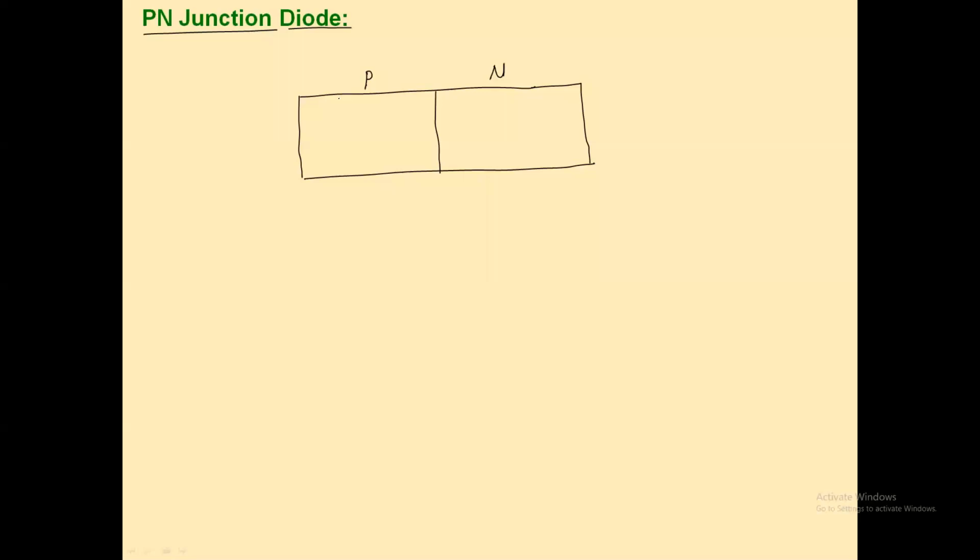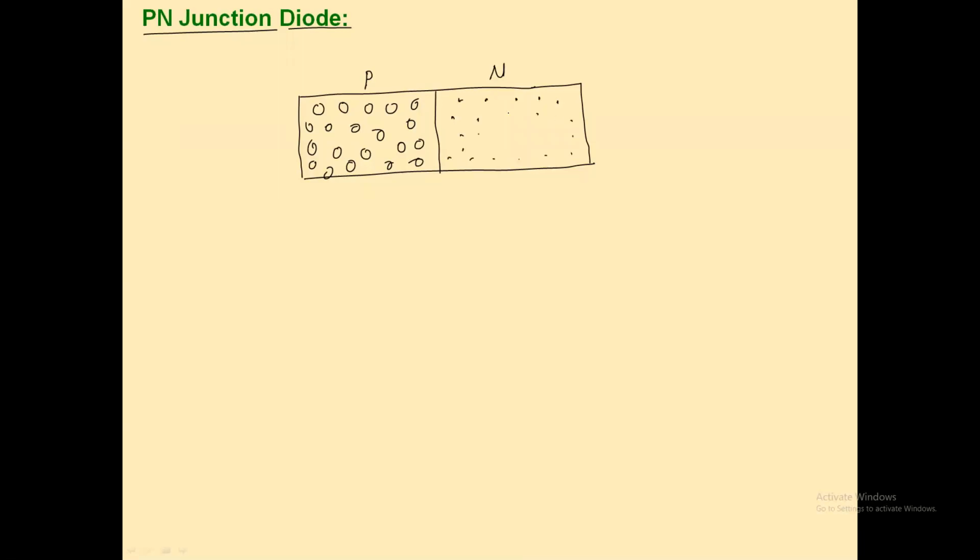Now let me discuss what processes are initiated when P and N type are combined together. As you know, in the P region, holes are the majority charge carriers. Is it right? Holes are the majority charge carriers. And in the N region, electrons are the majority charge carriers.